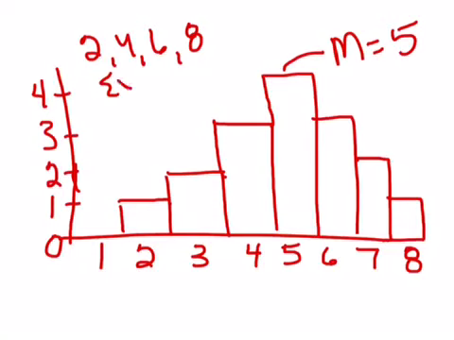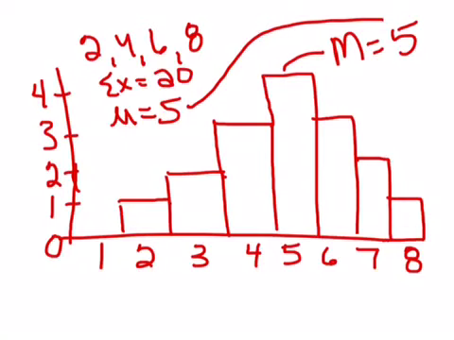So the sum of x would equal 20. Our mean, if you divide 20 by 4, would be 5. These are equal. So our sampling means will pile up around where our population mean is. And that's how that distribution is made. So your sample mean will equal your population mean.